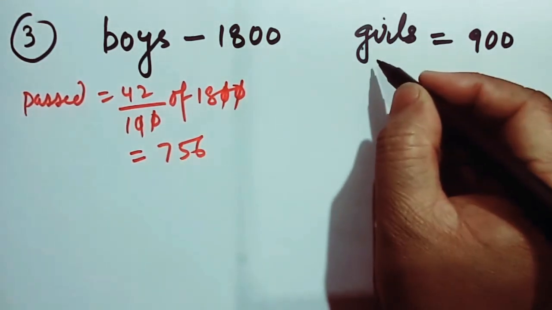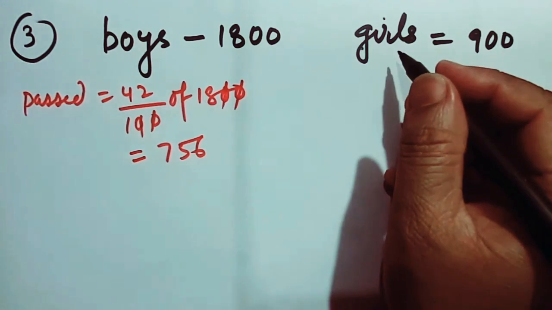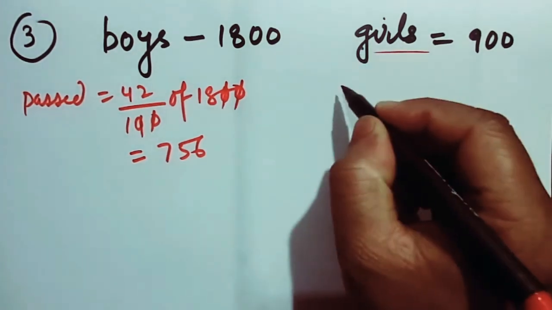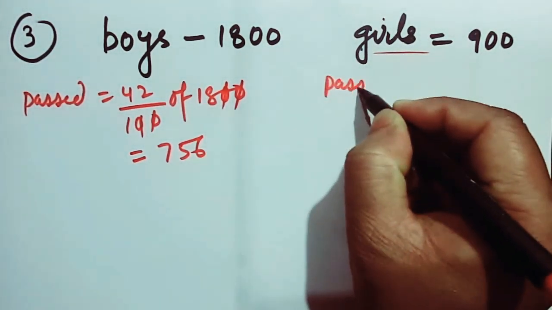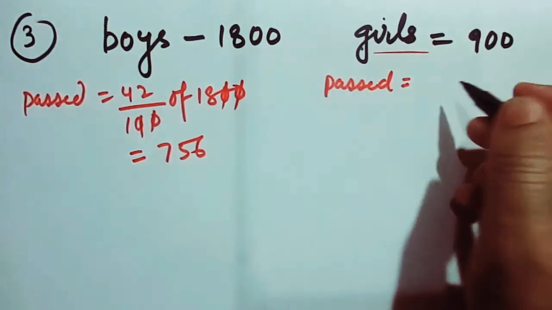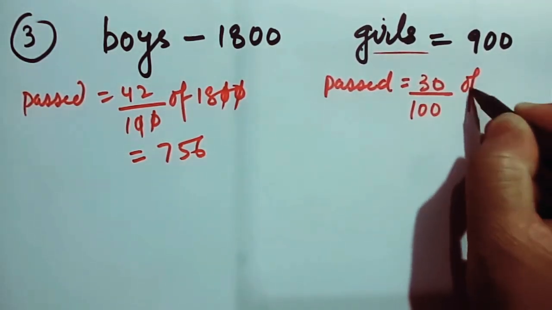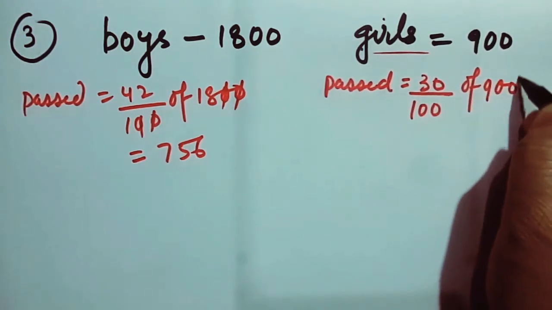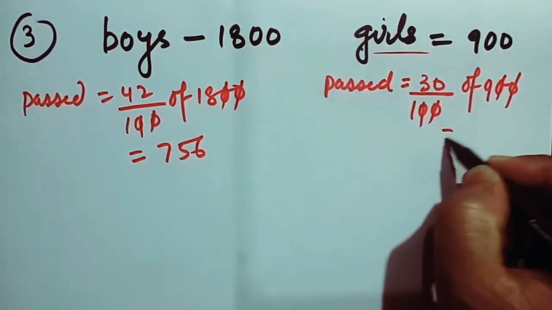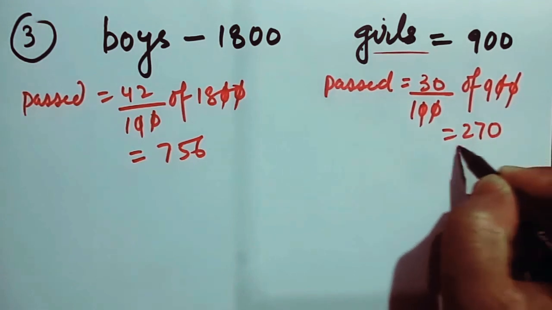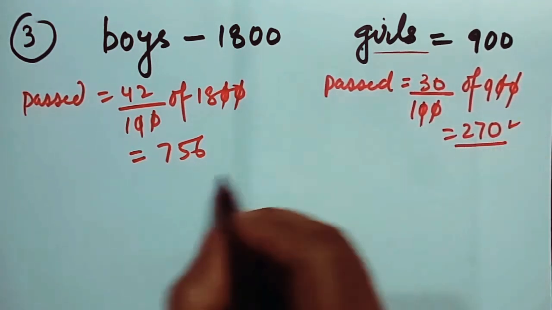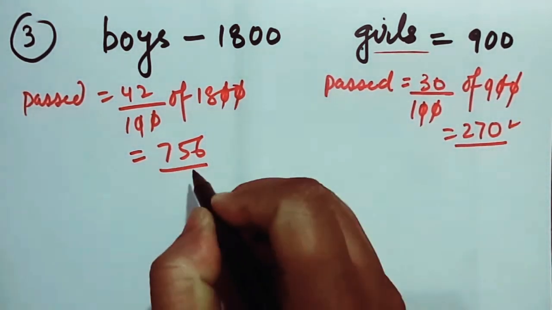And what about the number of girls who have passed? The number of girls who have passed will be 30% of 900, which gives you 270. 270 girls, 756 boys.